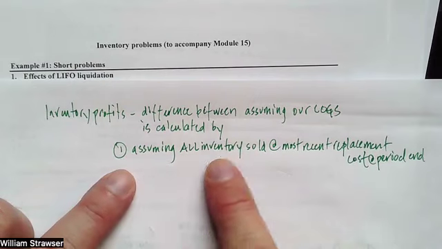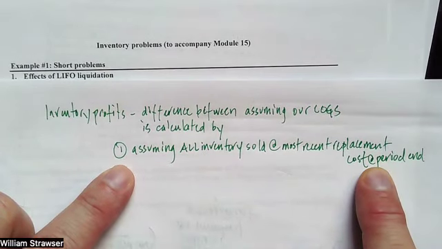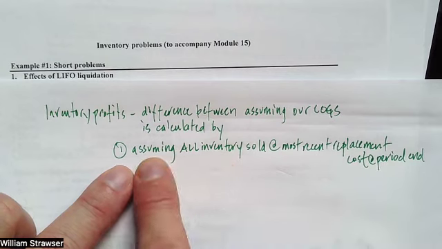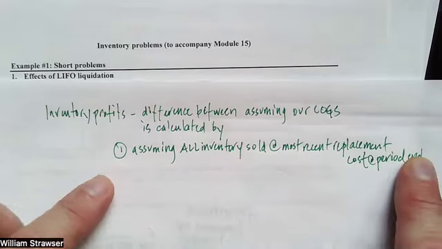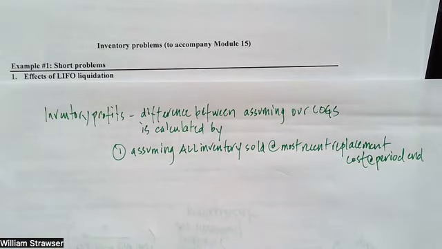You bought it a year ago, probably at a much reduced price compared to today. But this calculation is saying we're going to calculate cost of goods sold as if those things were all bought today by my company and then sold. So it's giving you a very up-to-date cost of goods sold. I sold 100 units. How much is it going to cost me to go and purchase those 100 units today?